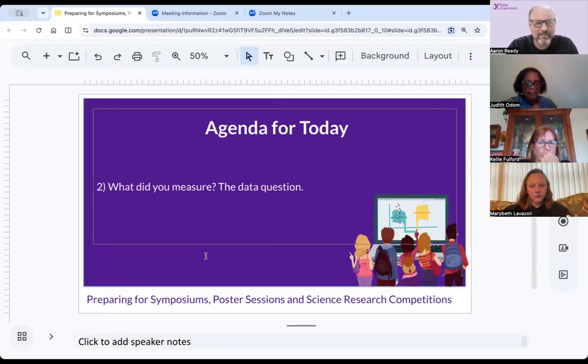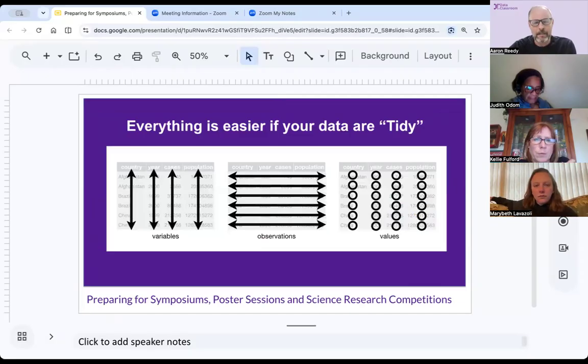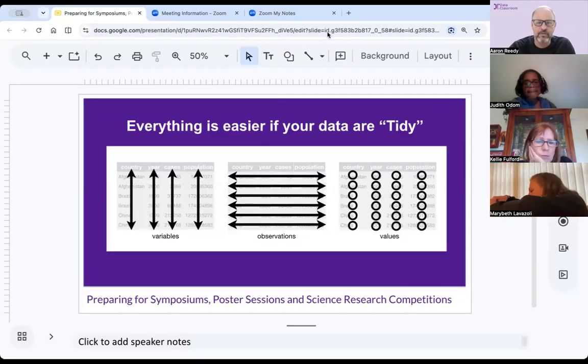Here we go. So we're on to number two, which is the first of the questions, the data question. What did you measure? The first thing I'm checking in with a student about when we're talking about what did you measure, is exactly what are your data.